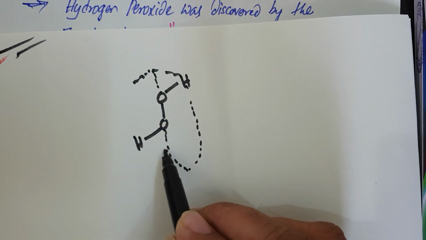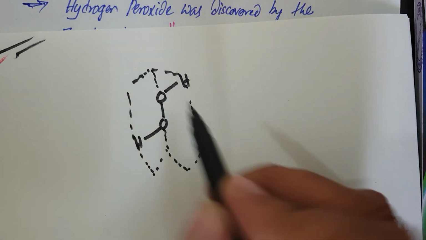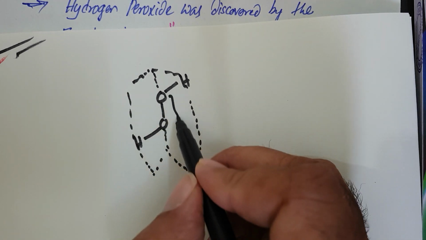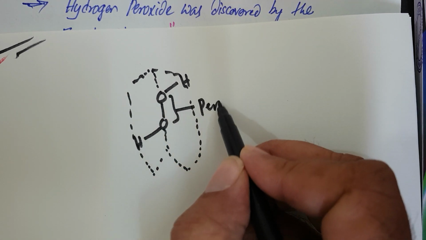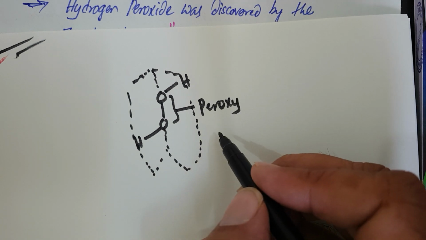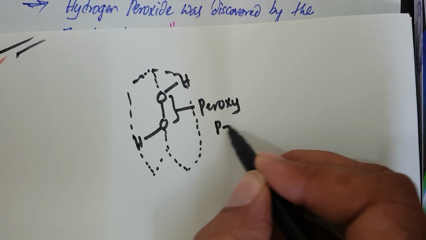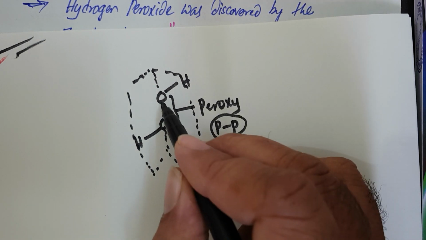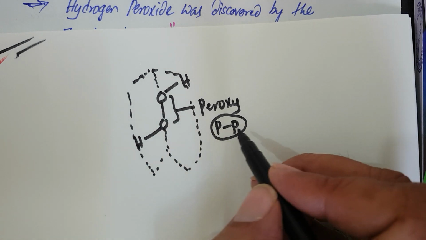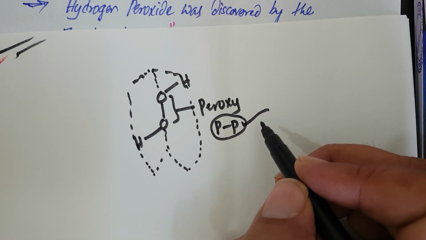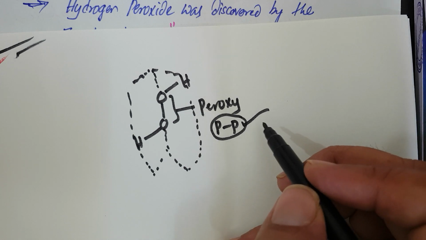In hydrogen peroxide, this OO bond is called peroxy bond. Peroxy bond is due to the involvement of pp orbitals of oxygen, so it is formed due to the overlapping of pp.